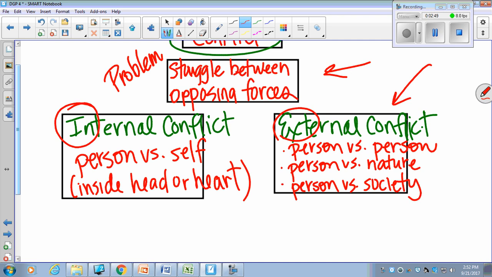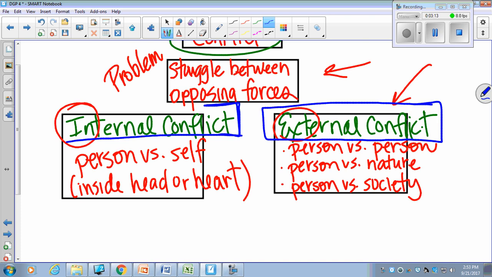Now, when you are reading novels, you may see all of these conflicts the character may have. Sorry about that. Where was I? Internal, external. You may have a character who has an internal conflict and many external conflicts.